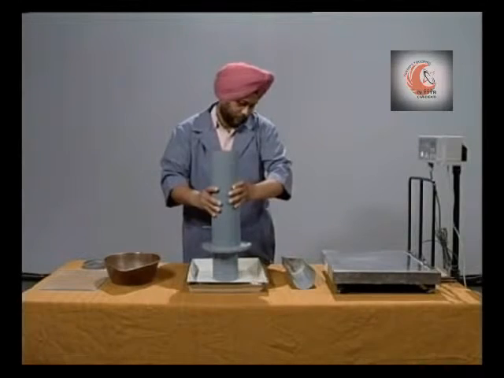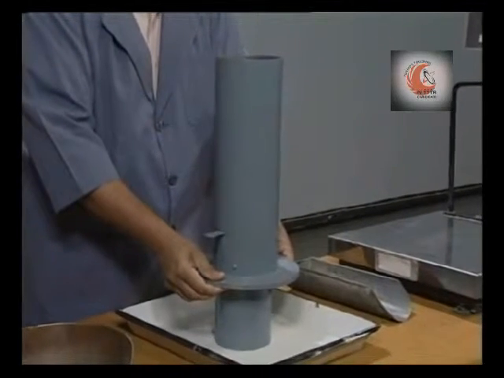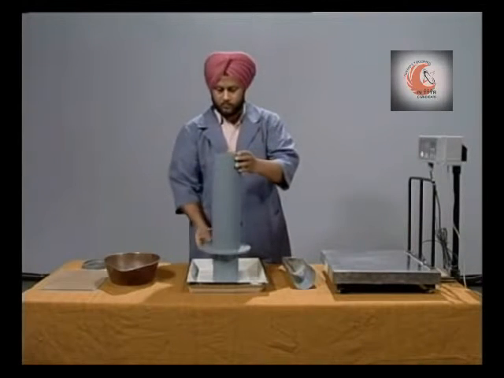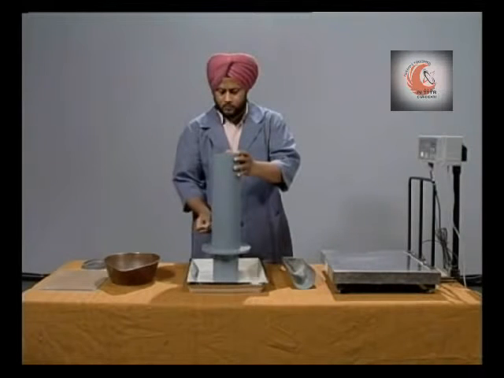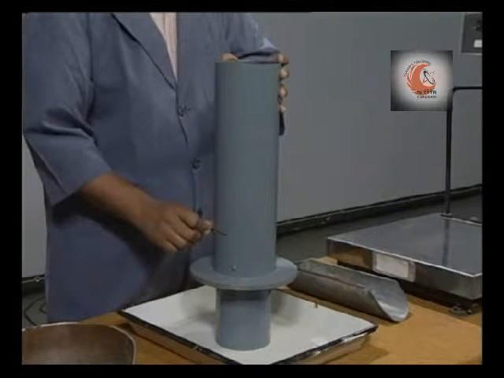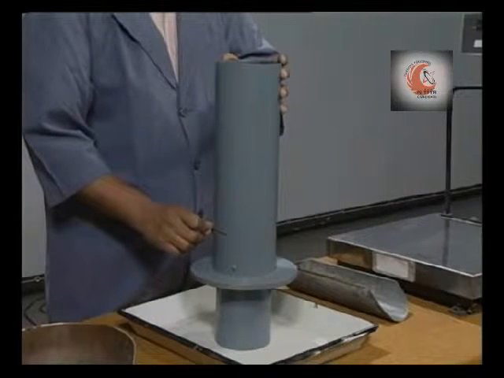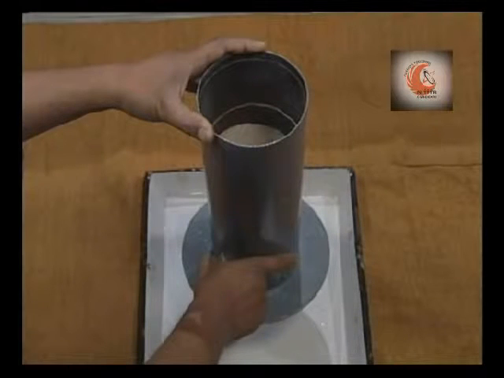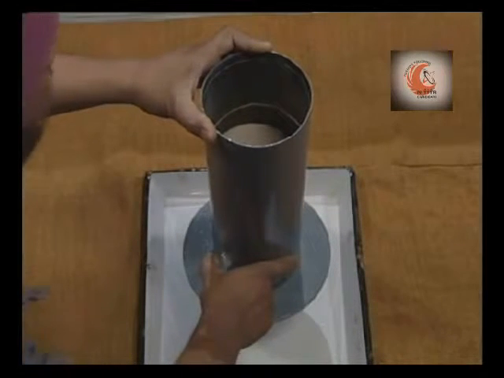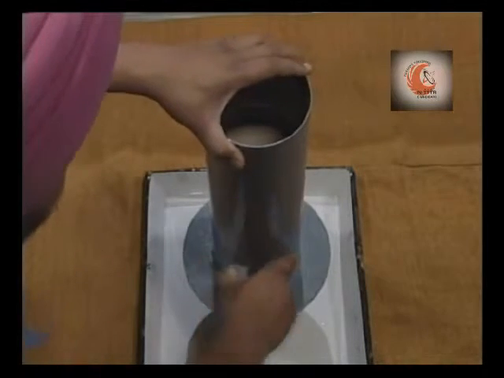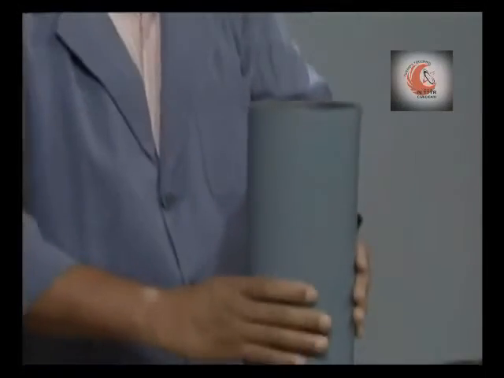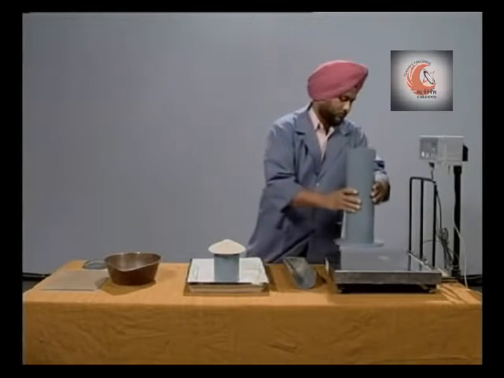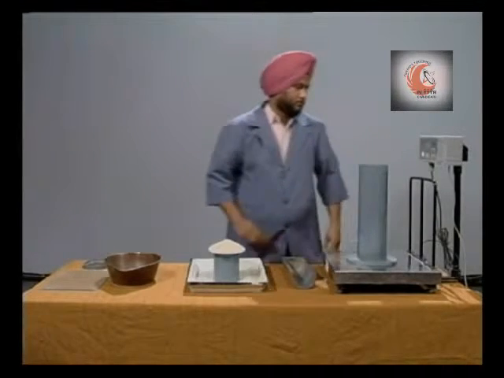Keep the sand pouring cylinder over the calibrating cylinder. Open the shutter and allow the sand to run out into the calibrating container till the calibrating cylinder is filled. Now close the shutter. Determine its weight.